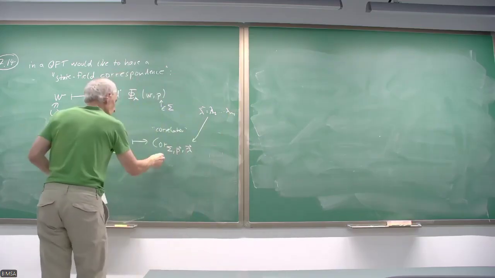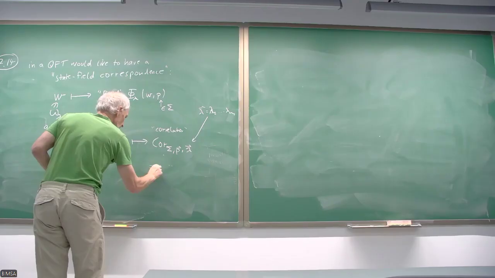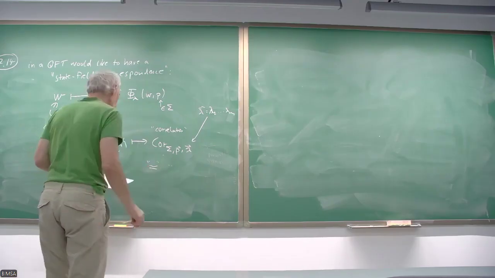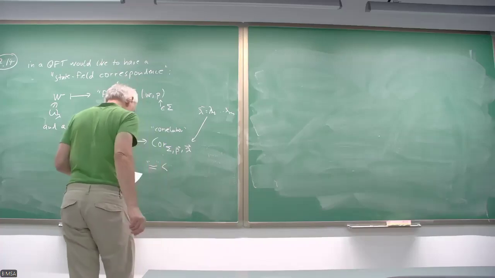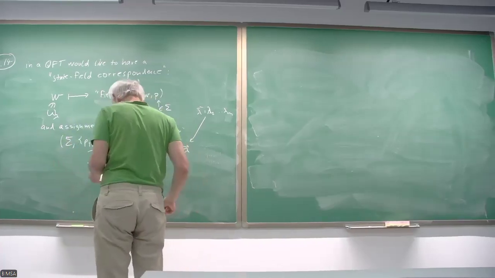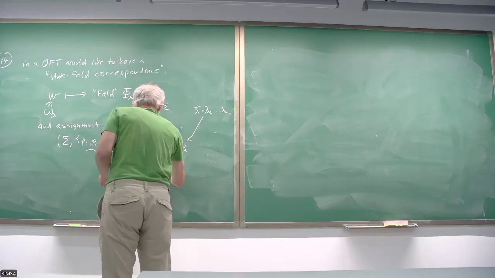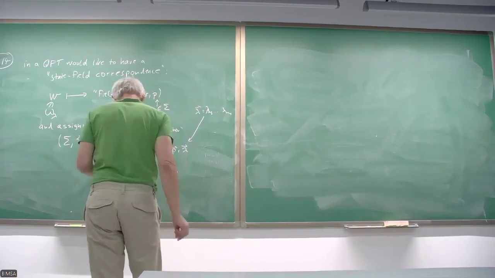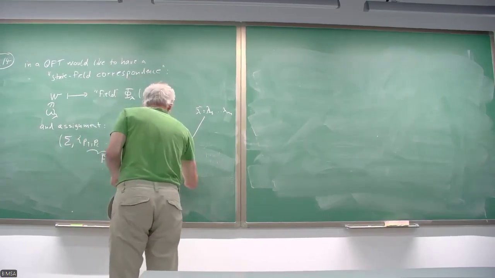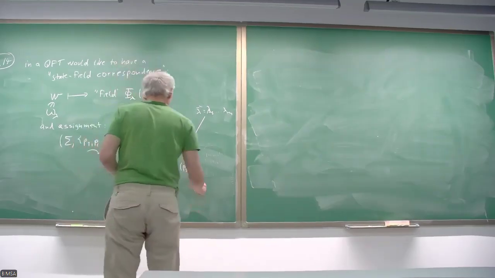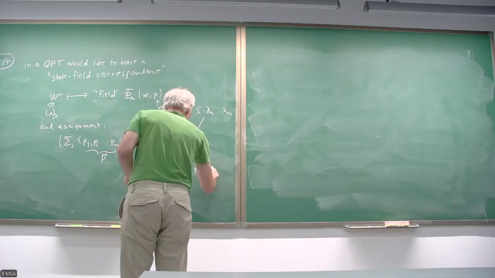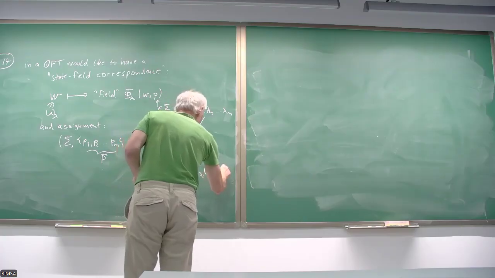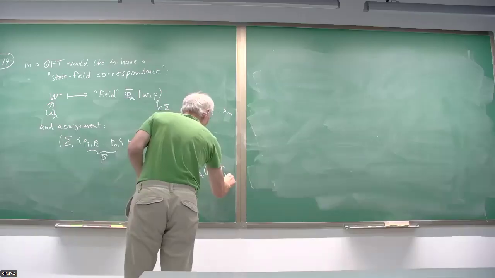And one, in addition, would like to think of this correlator as some kind of expectation value or vacuum expectation value, where one has the field phi lambda 1 at position p1 in some way multiplied with phi lambda 2 at p2 and so on, up to phi lambda n at the end.